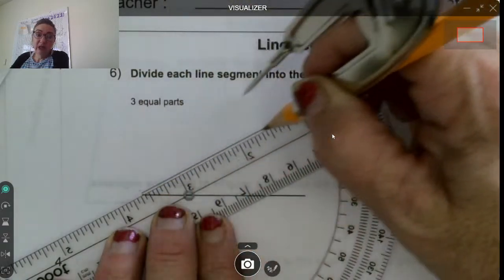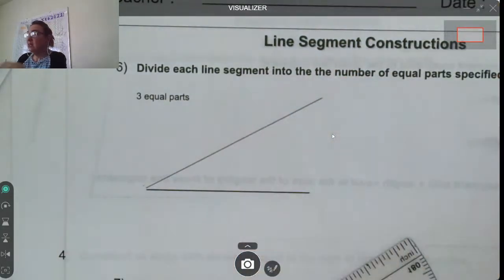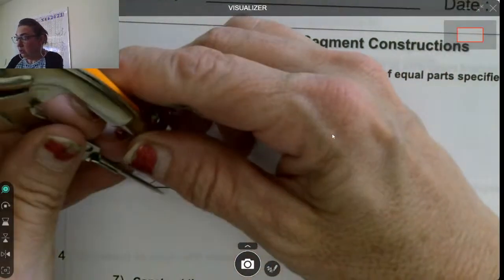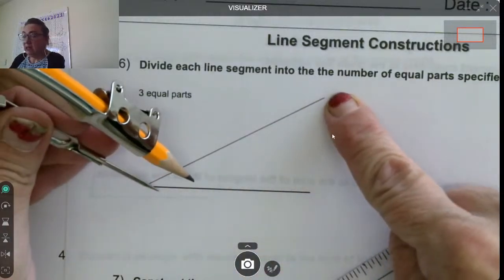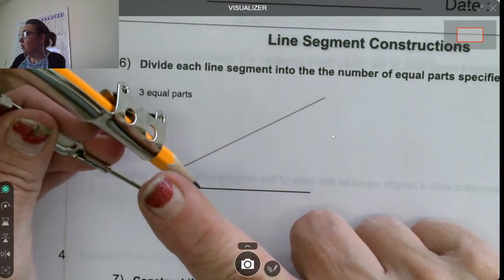Basically, we're just making an angle. It doesn't matter how long we make that segment. And then we're going to divide that segment up into 3 equal parts.